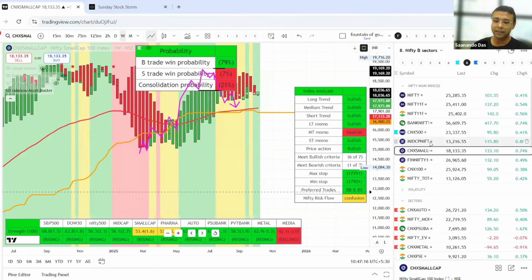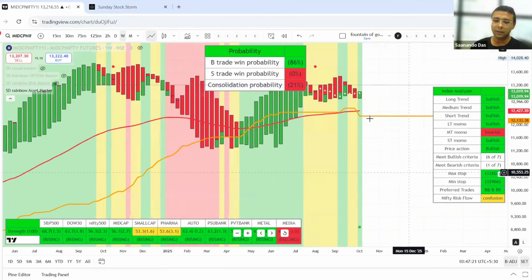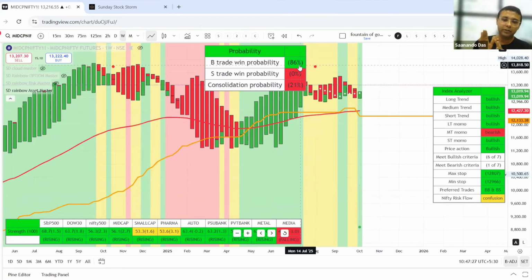Let's look at the mid cap as well. Slightly better than small cap. Win probability is around 86%. So if I rank based on the strength, I can see the highest strength on Nifty 50, then Nifty 500, then mid cap, and lastly the small cap.